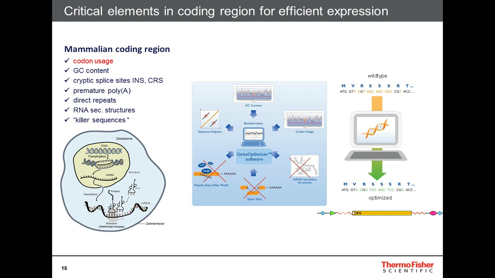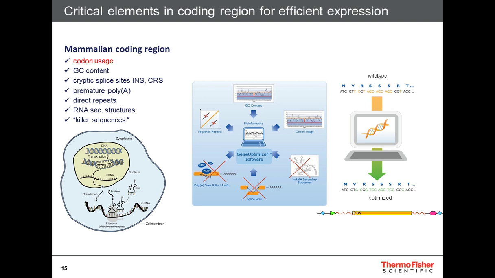They got zero expression, and they found that the jellyfish cDNA contains a cryptic splice site which is recognized by the plant, and the RNA is not processed correctly. Premature polyadenylation signals may also be an issue in faulty mRNA design.